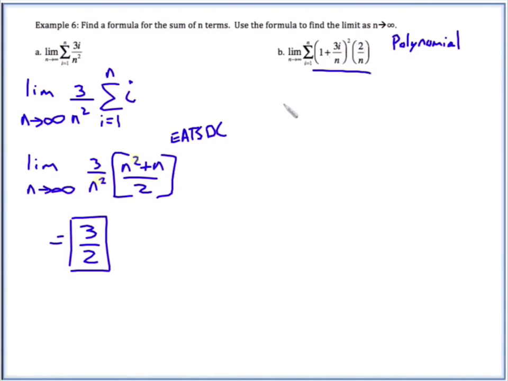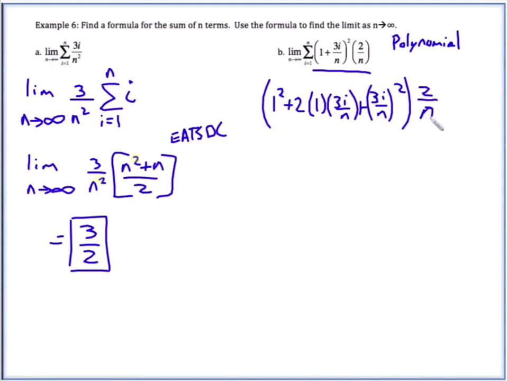So let's go ahead and square that, and that's going to be 1 squared plus 2 times 1 times 3i over n plus (3i over n) squared, and then all of that is times 2 over n. Okay, so that was just squaring a binomial right there.